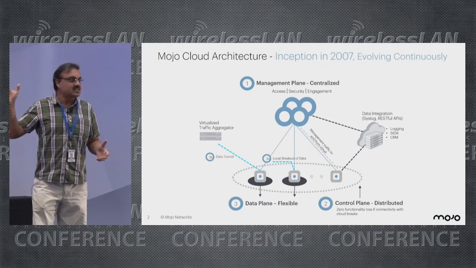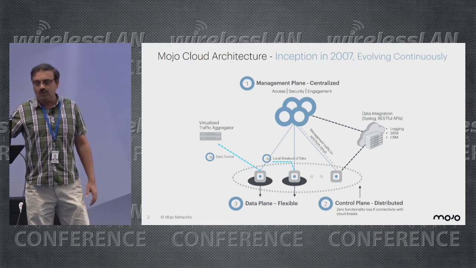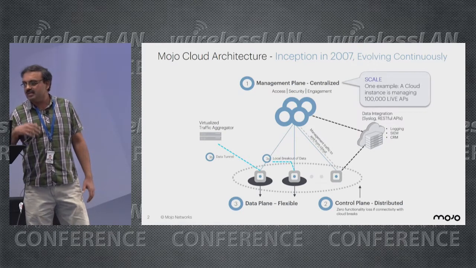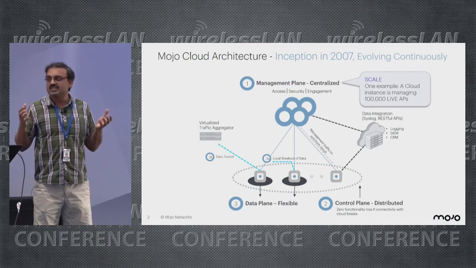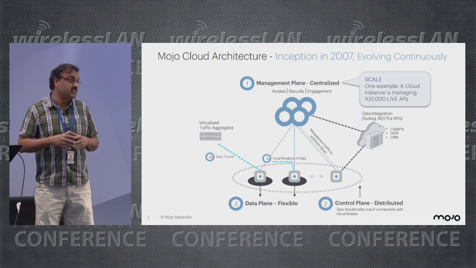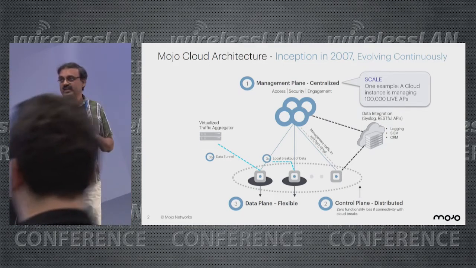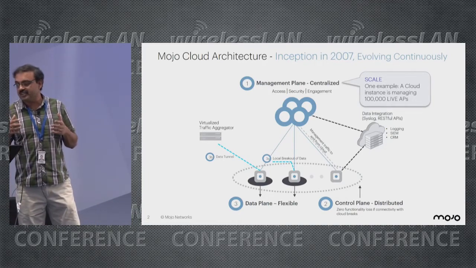We have a centralized manager which sits in the cloud, and we have a cloud instance, as we speak, which is managing 100,000 live access points today. That should give you an idea of the scale at which we are operating.